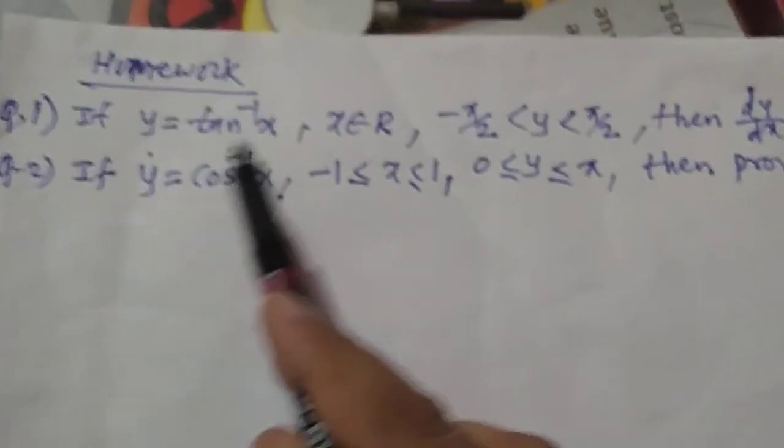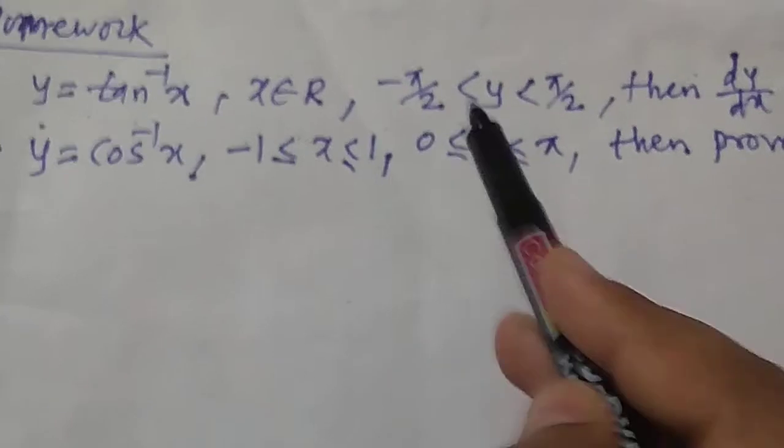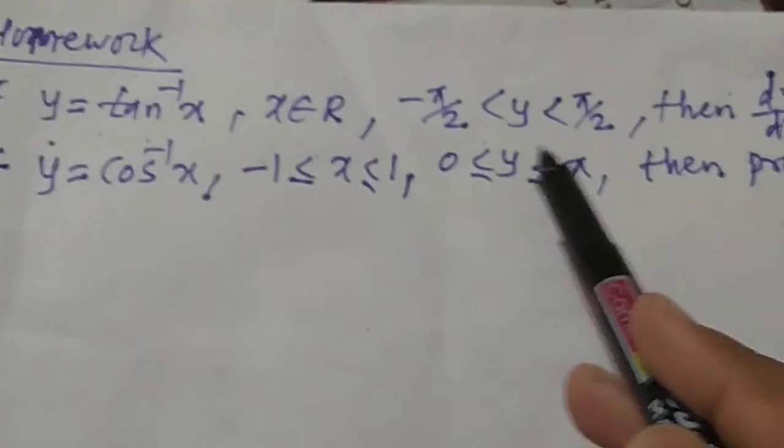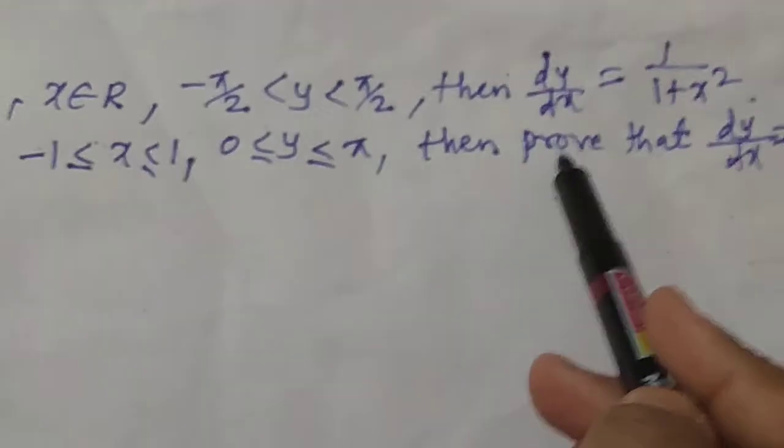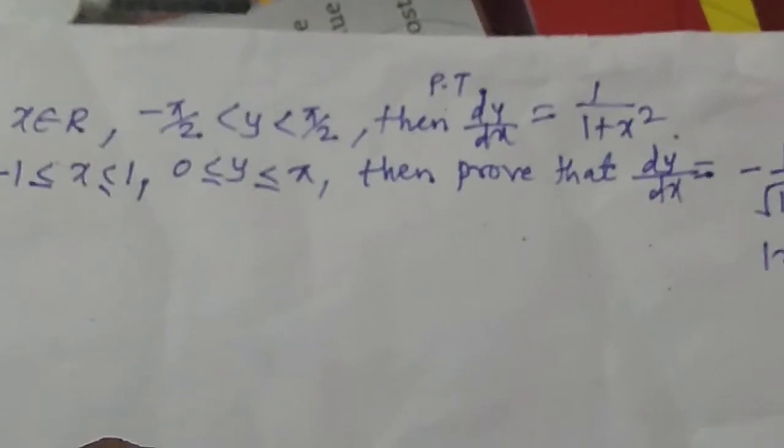Question number 1, if y is equal to tan inverse of x, x belongs to R, minus pi by 2 less than y less than pi by 2, then prove that dy by dx is equal to 1 upon 1 plus x square.